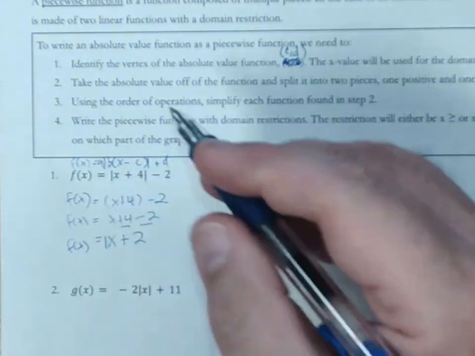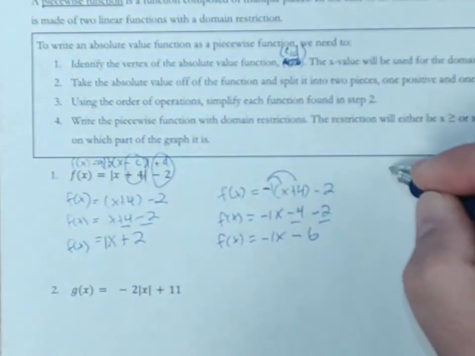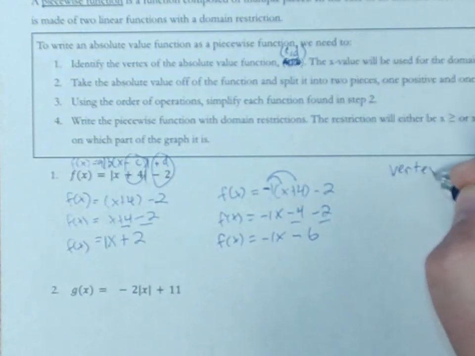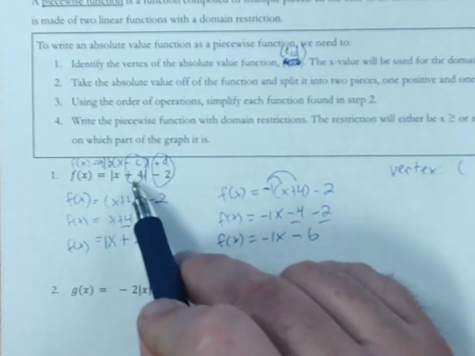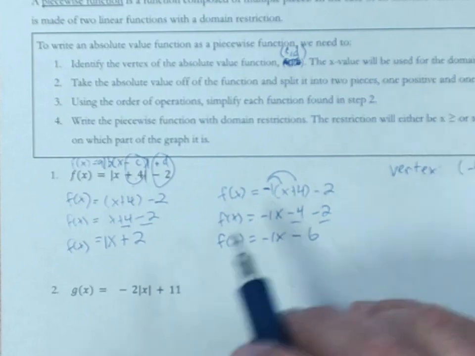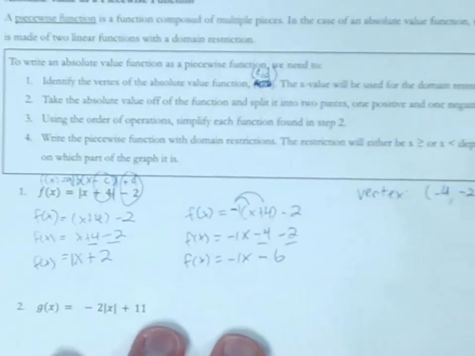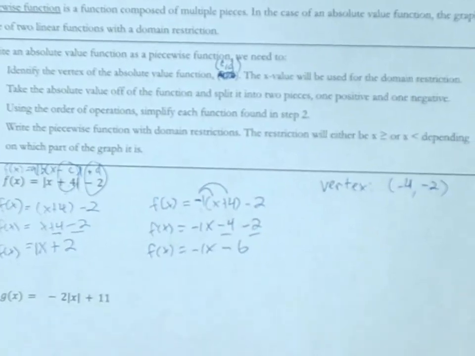Doesn't look like we have an A or a B, but it looks like we have a C and a D. That tells me my vertex is, this would be negative 4, right? We change the sign of the C value, and then D stays the same. That would be negative 2. We don't change anything there. So that's my vertex, is negative 4 and negative 2.